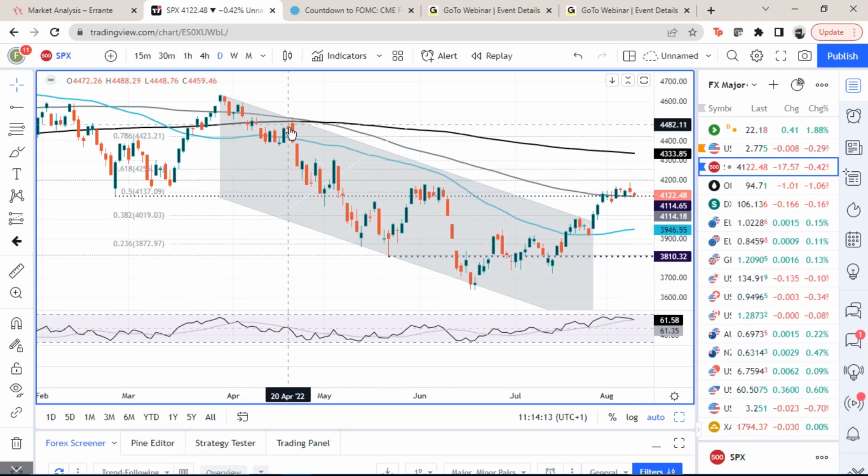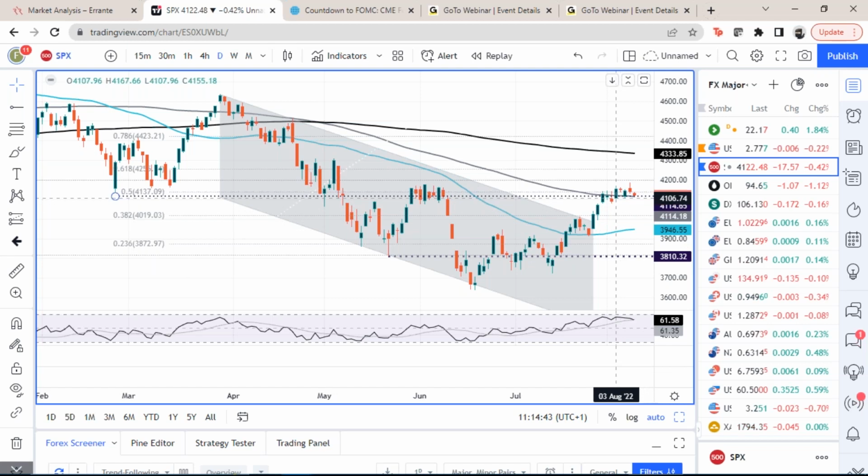Some people just have a trend line from these highs and the break around here, and then around the 50-day moving average, which is this light blue line. But we've broken above here at least. We've put on the late February low of 41.14, and we're now trading around here, around the 100-day moving average, which is 41.14, and we're just trading above that for the moment.